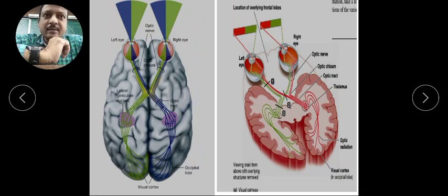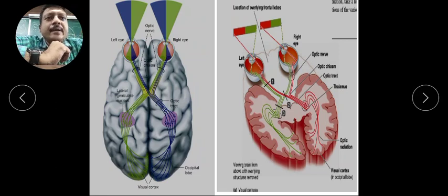Cones are mainly present in the fovea centralis and rods mainly in the peripheral retina. The peripheral part is responsible for movement, depth and the peripheral field of vision, and in the fovea centralis the cones are mainly present, which are responsible for central vision, acuity of vision, and color vision.